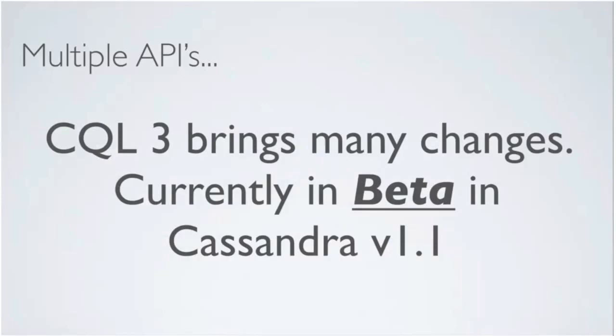We're considering this to be beta. In version 1.2, I believe the intention is to take the beta wrapper off it. But there is still an open opportunity for people to play with CQL 3 and see if there are any edge cases for their particular workloads that it doesn't suit.